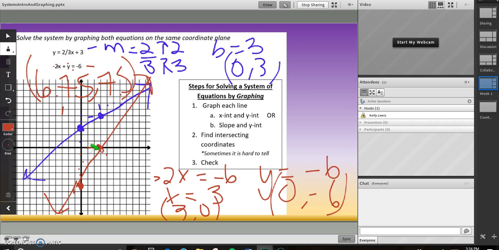So it's really 1, 2, 3, 4, 5, 6. It's really somewhere over here in this area, but sometimes it's hard to tell. So I wanted to show you with that one. They're not parallel. They do intersect. Okay. The ones I give you will be easy to tell. Just know that.